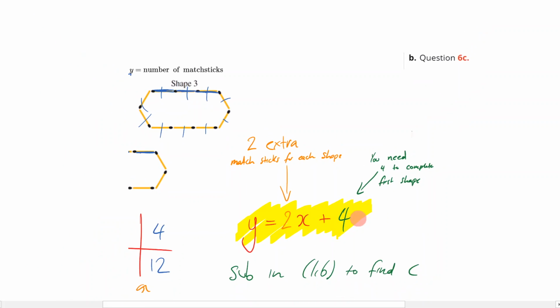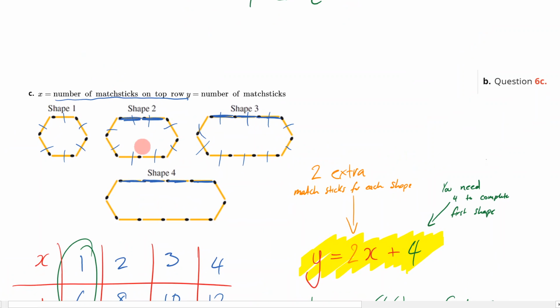And if we think about that for a second, what it's saying is, because you're adding 2 each time, I can rub all this out, because you're adding 2 each time, you need to start with 1, 2, 3, 4.